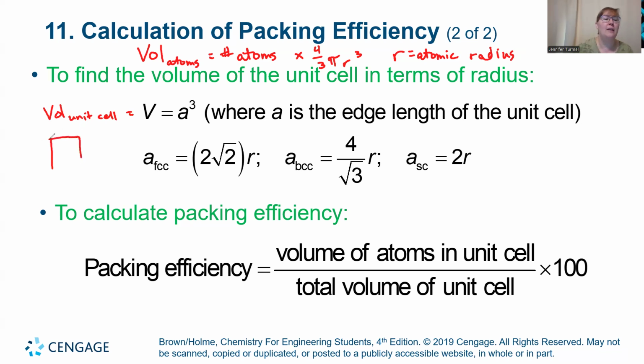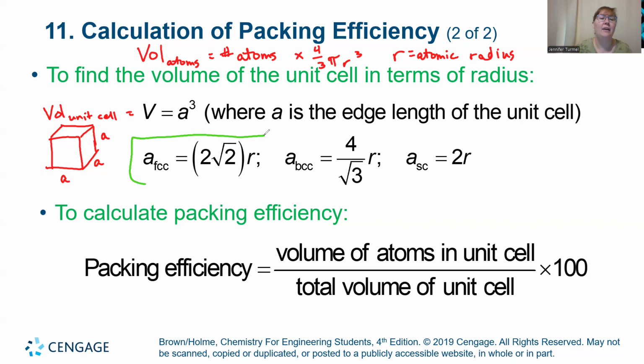So what do we mean by that? Here's our unit cell. In this case, we're only doing cubic cells, and this is A and A and A. Here we have the side lengths of each one already calculated out for you.